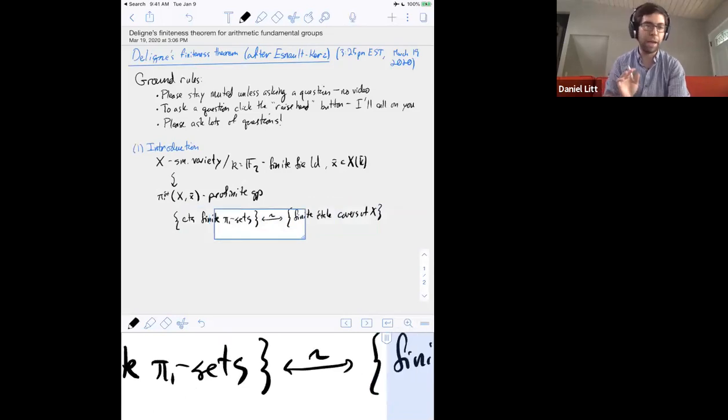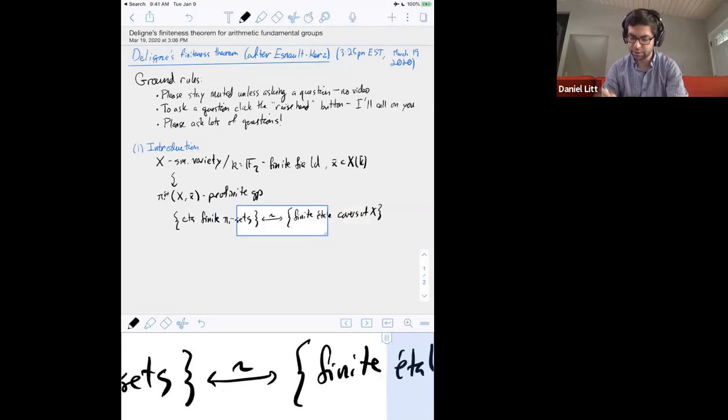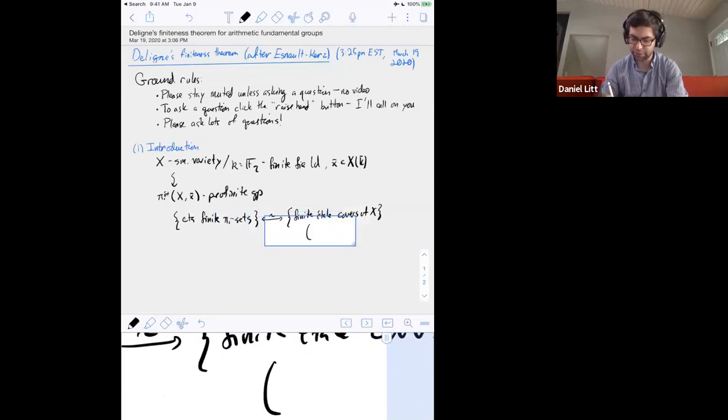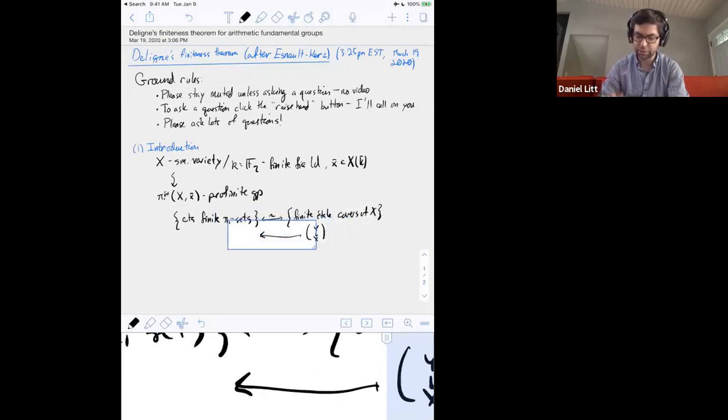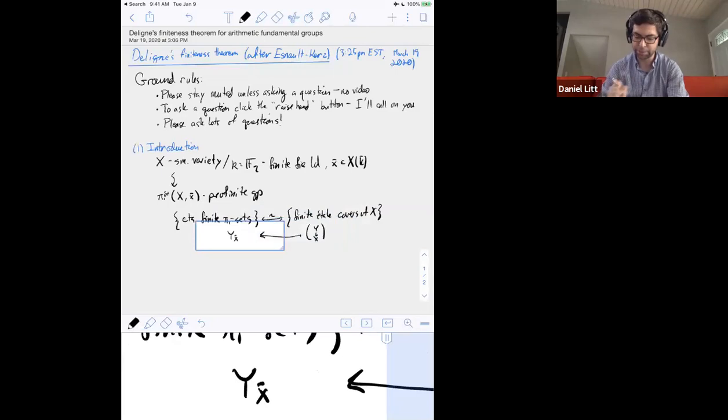So I've told you there's some abstract equivalence of categories, and writing it down in this case is very easy. So suppose you're given a finite étale cover Y to X. Well, where does it go to on the left-hand side? It goes to the fiber over X bar, and that's a finite set. And then the claim is that that fiber obtains canonically a continuous action of pi1.